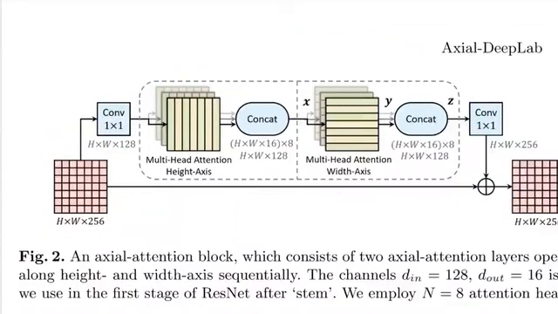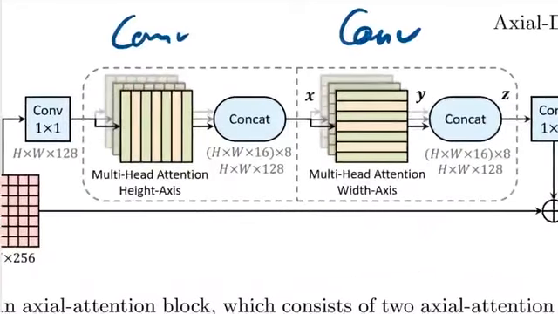Now, usually this thing here would be convolutions, and they are now replaced by these multi-head axial attention. You can see there is a multi-head attention in the height, and there is a multi-head attention in the width. And that gives us the property that every node can send information to every other node in 2 steps.